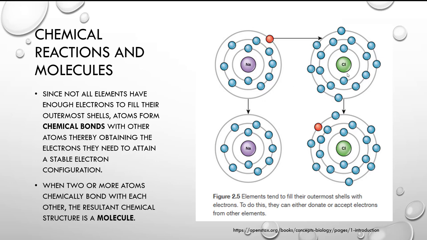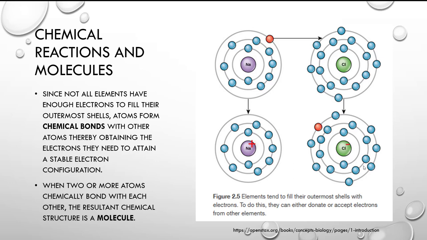So if they work together and form a chemical bond, then sodium can drop down to its second shell and be more stable, and chlorine can gain that extra electron to fill its outermost shell and become more stable.